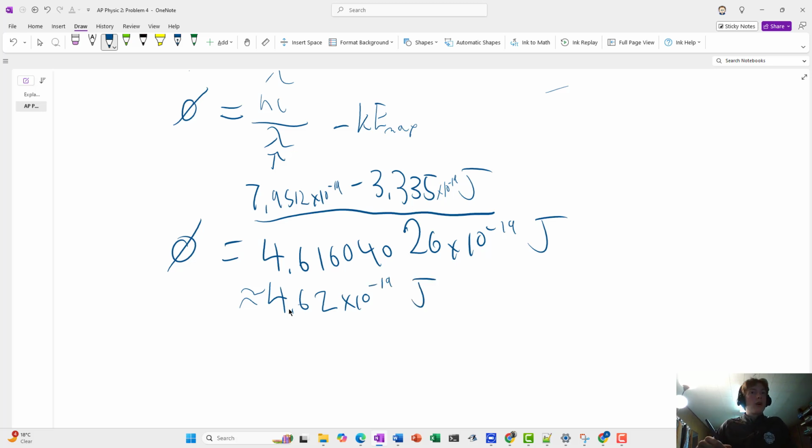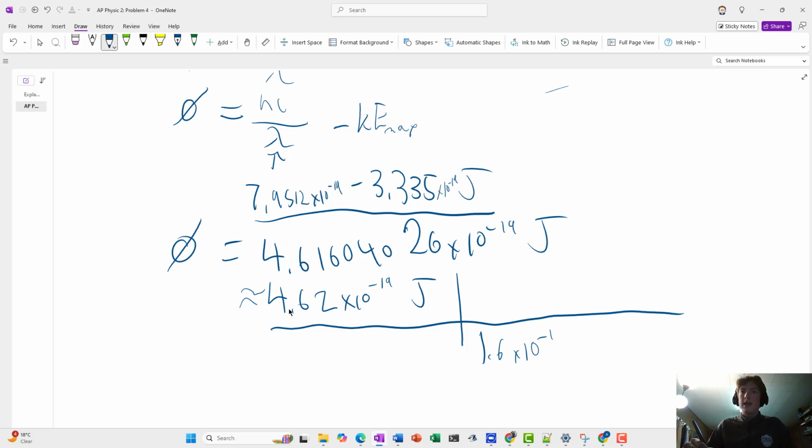And often the work function will be expressed in electron volts. So most people will just convert this to electron volts. The AP sheet has a handy measurement value. It just says 1 electron volt is equal to 1.6 times 10 to the negative 19th joules.